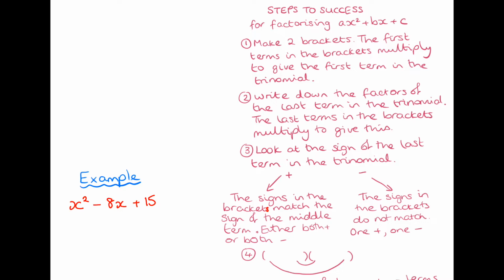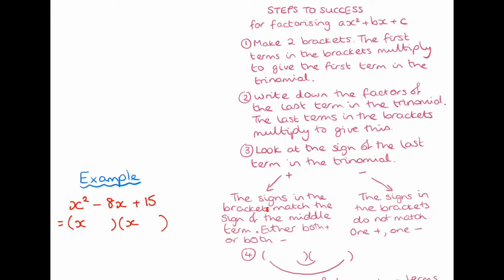So we're going to follow our steps to success. First job is make 2 brackets, and the first terms in the brackets multiply to give the first term in the trinomial. That's step 1. To get x squared, our first 2 terms must both be x, because x times x is x squared.